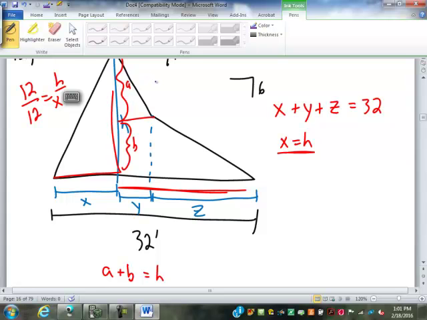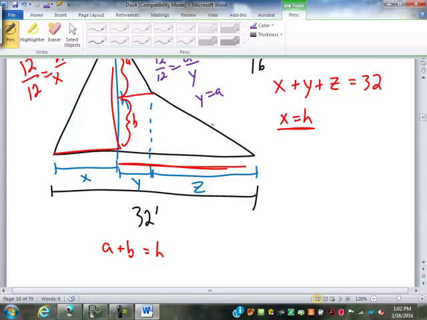12 over 12 equals A over Y, correct? That would make sense. So cross multiply here, Y equals A. Here, this is a 6-12.